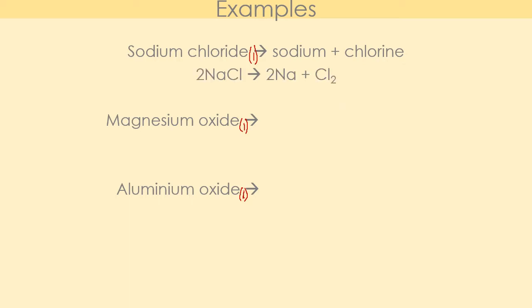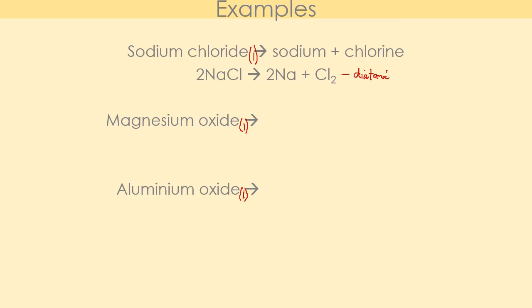Our symbol equation, we have 2NaCl makes 2Na plus Cl2. Notice we've had to balance it because chlorine as a molecule or as an element is diatomic. So Cl2 is diatomic. So we've had to balance it. The same with our oxygen as well. Now magnesium oxide, pause the video, have a go at trying to work out what that's going to be.